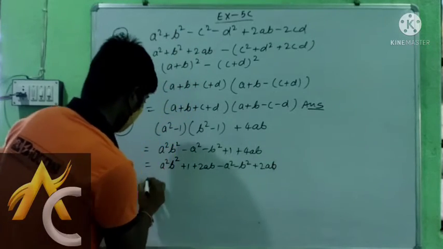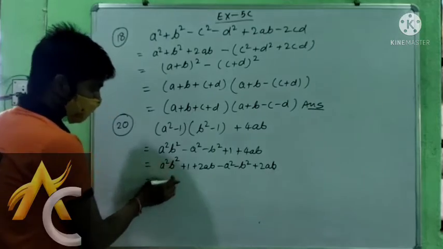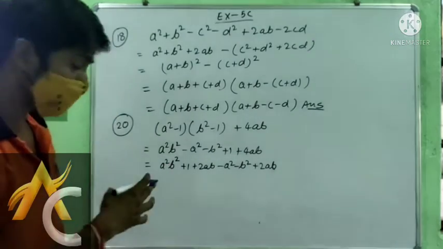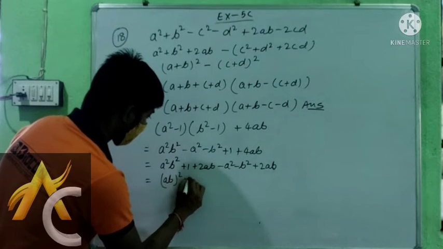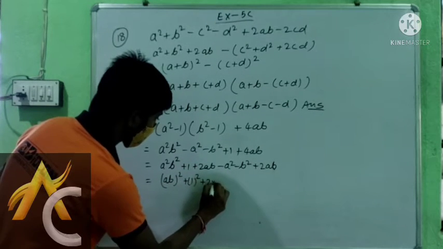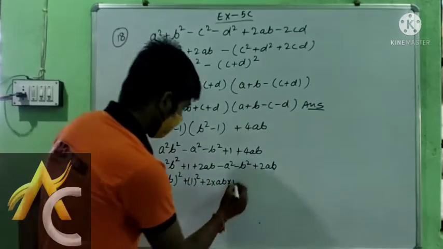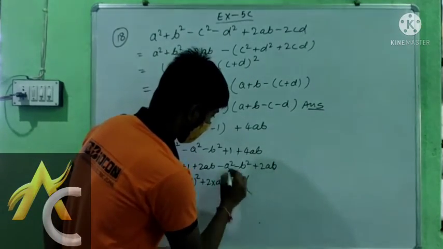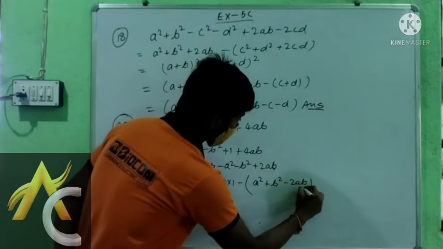Like that. Then since a square b square is equal to ab whole square, it will be ab whole square plus 1 square plus 2 into ab into 1 will be 2ab. Okay, and if we take minus common from here, then it will be a square plus b square minus 2ab.